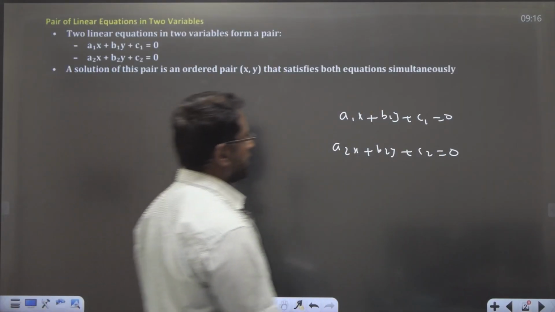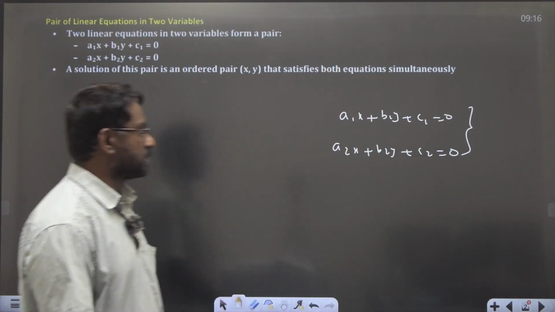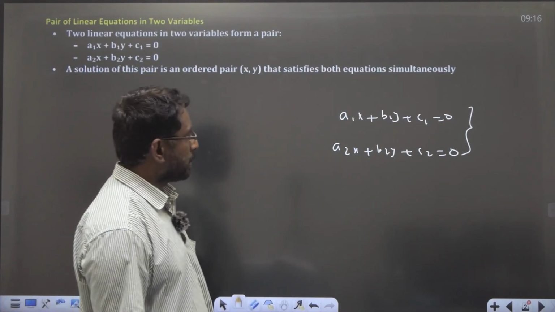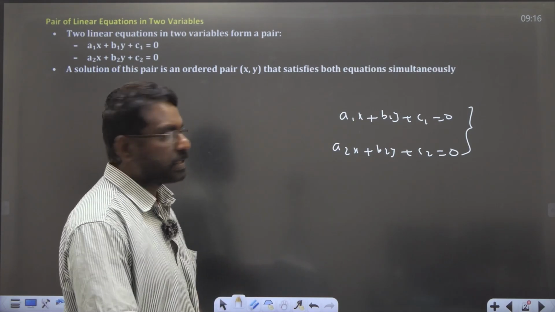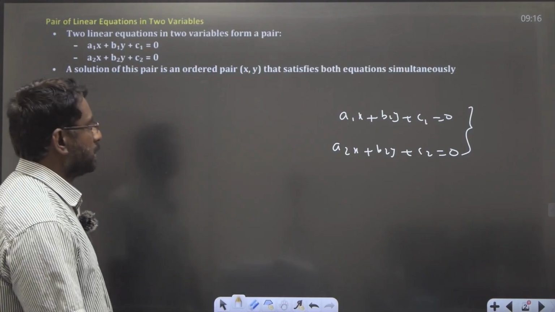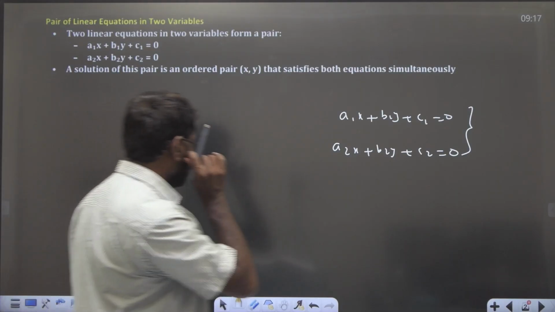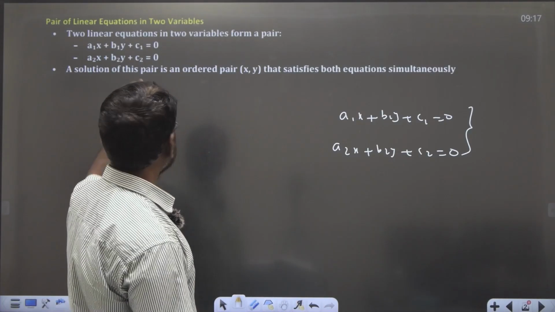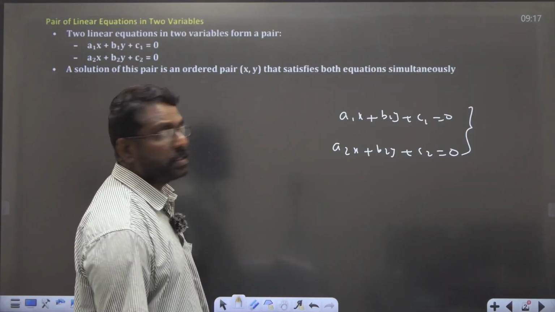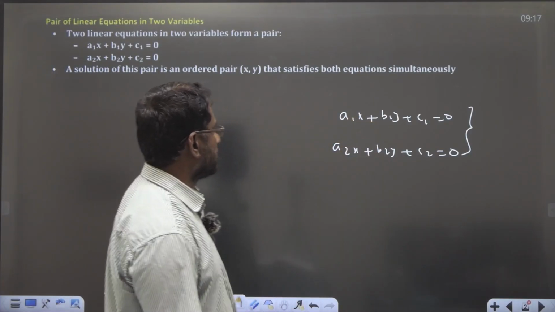This is the system of linear equations in two variables, two equations. How can we solve these linear equations? There are different methods. We will discuss them later. The first method is the graphical method. Okay. This is the system of linear equations in two variables. It consists of two equations.